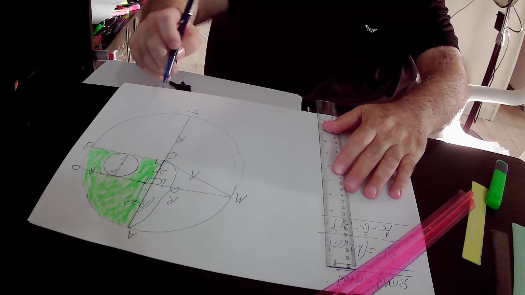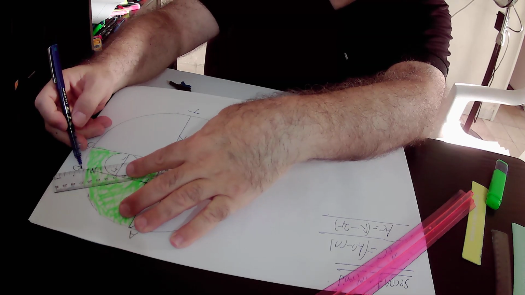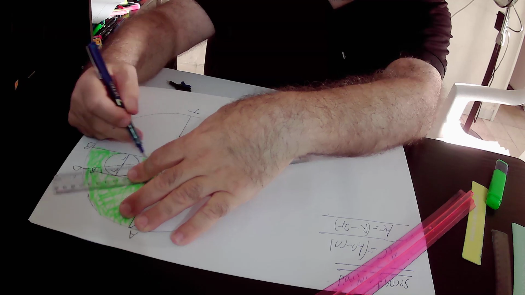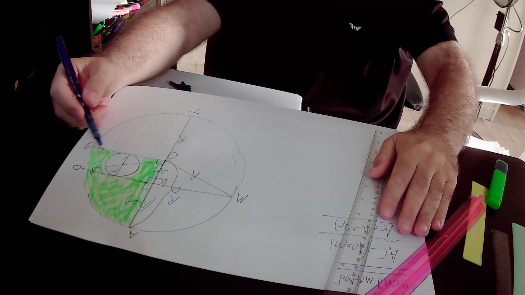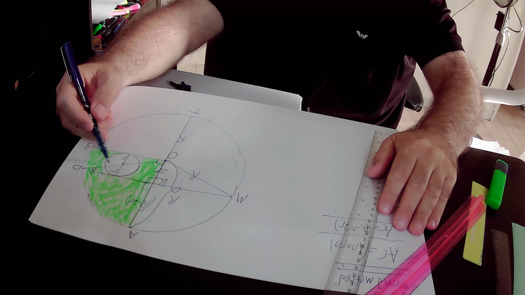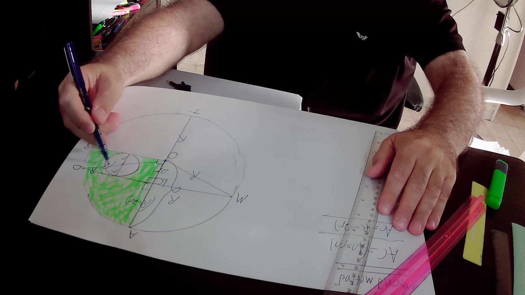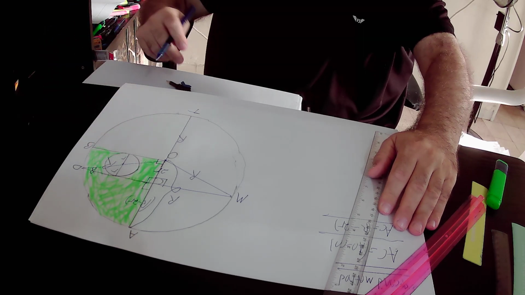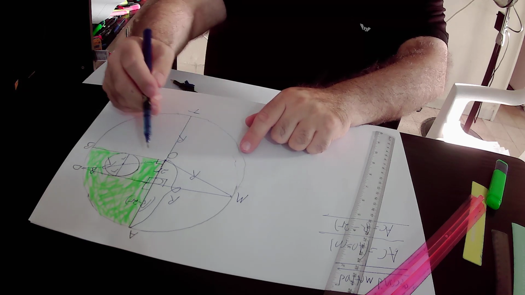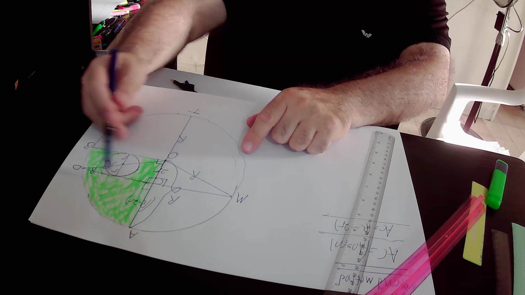In the next step, we join points O and D together by a straight line. Point O is the center of the circle, point D is a point on the circle itself. Therefore, OD is the radius of the big circle that is equal to capital R. So we have here two right triangles, triangle MOC, this right triangle, and triangle OCD.